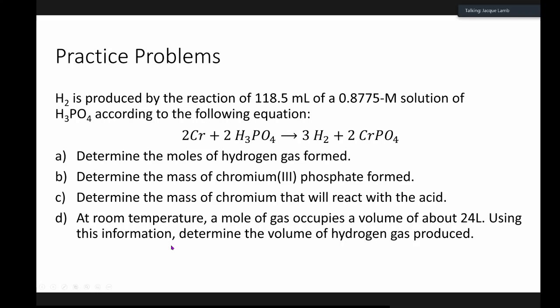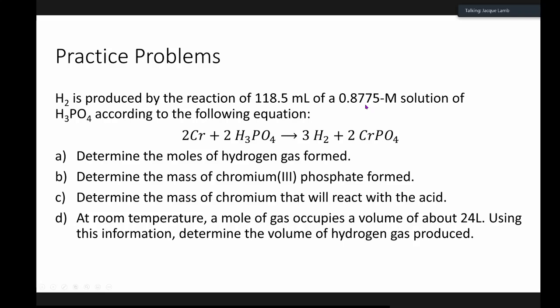In the final question, at room temperature, a mole of gas occupies a volume of about 24 liters. Using this information, determine the volume of hydrogen gas produced. So it's essentially the same kind of problem, except this time I'm starting with a volume and a molarity to determine the number of moles.